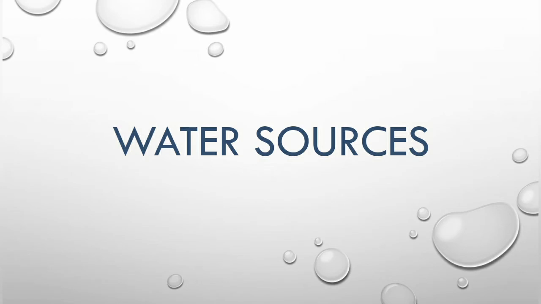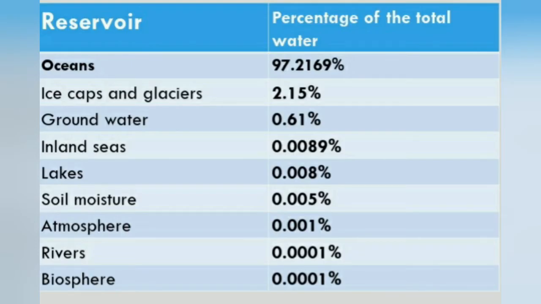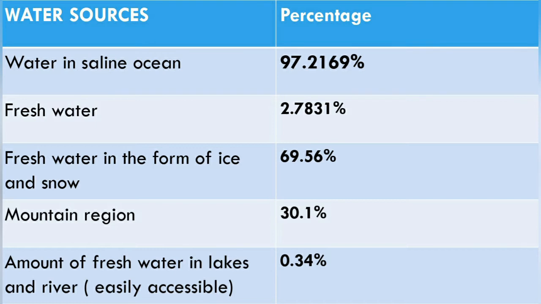Let's look into water sources and their percentage on the earth. The water bodies and their percentage on earth. Here are the water sources and their percentage. Water in saline ocean is 97.2169%. Fresh water on the earth is 2.7831%.